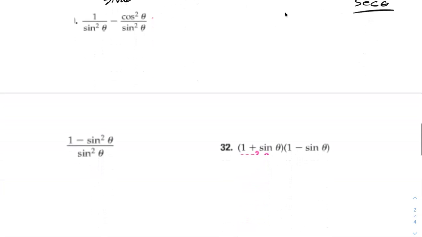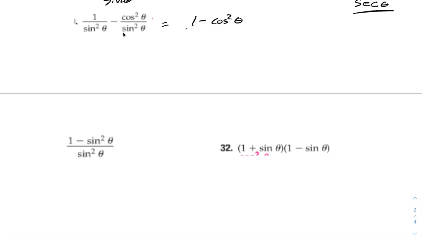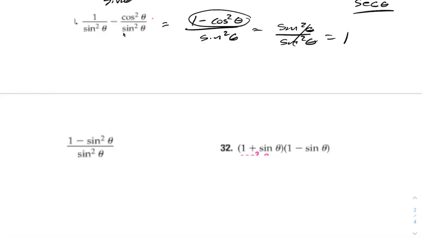The next one looks scary, but it's actually super easy. Notice they have the same denominator. Just add them up. Combine them. And then 1 over cosine minus cosine squared is just sine squared. So sine squared over sine squared. So I get 1. Right?